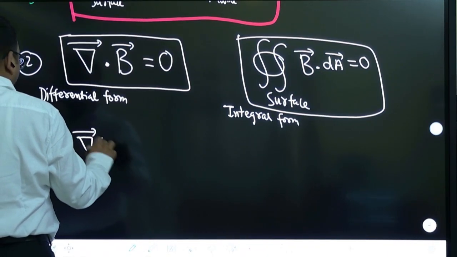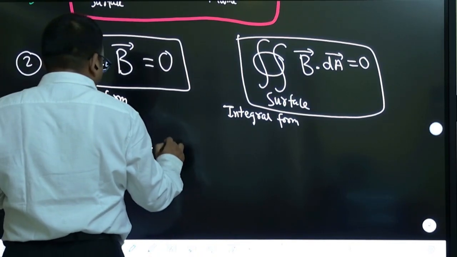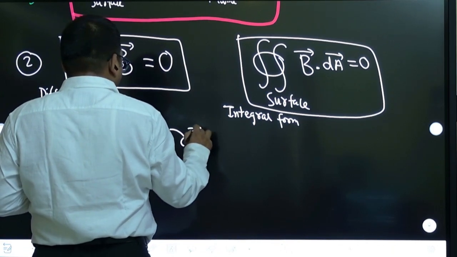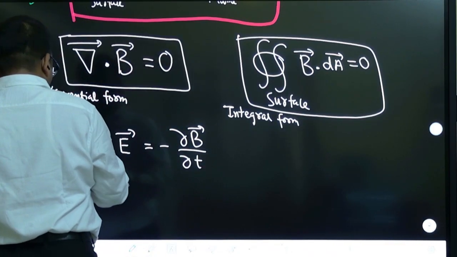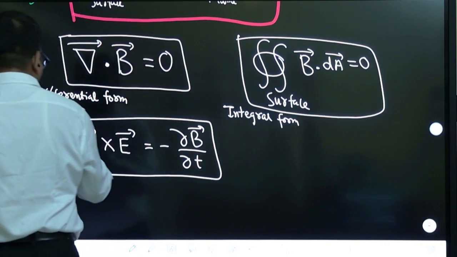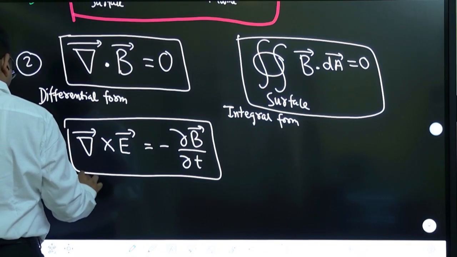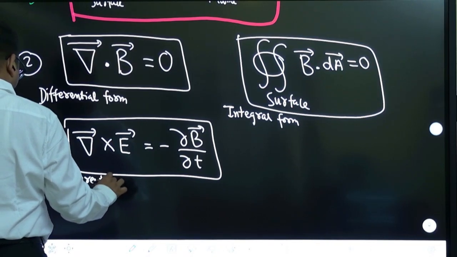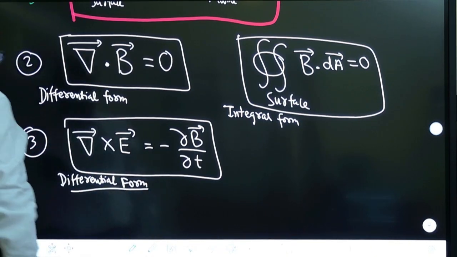Del cross E vector is equal to minus dou B by dou t, partial derivative. This equation is differential form. Which law is it? It is Faraday's law of electromagnetic induction.